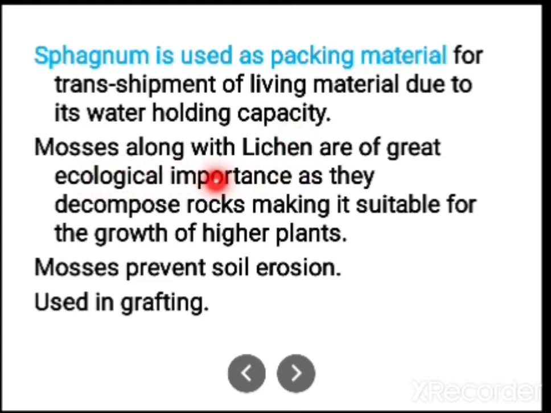The mosses along with lichens are of great ecological importance because they are helpful in the formation of soil. They decompose the rocks and contribute more to soil formation. And the mosses prevent soil erosion and they are used in grafting also.